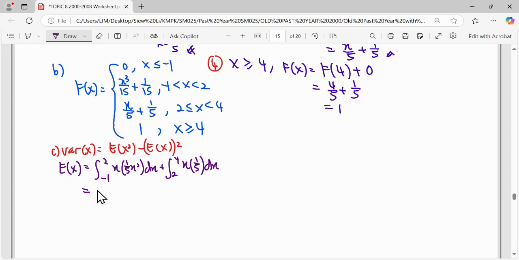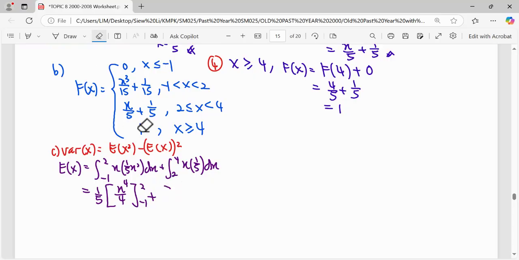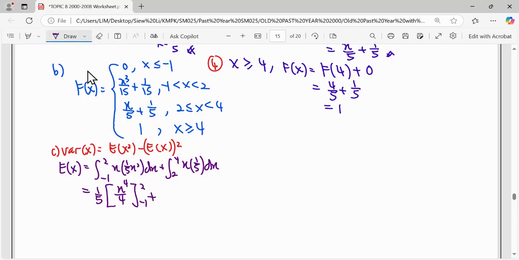Alright, so simplify this 1 over 5. So x cubed power plus 1 over new power, upper limit, lower limit. This is 1 over 5 factorize out. Coefficient we factorize out. For the x, integrate power plus 1 over new power.